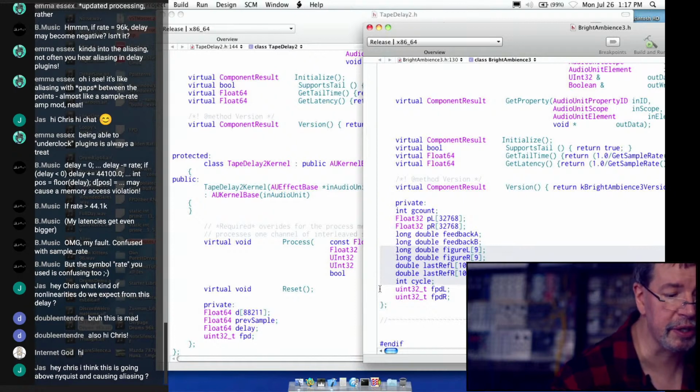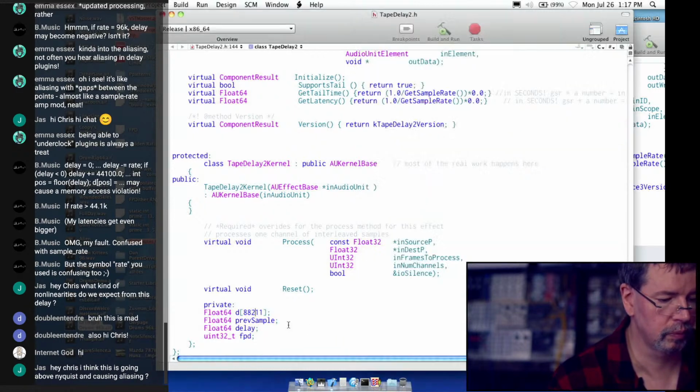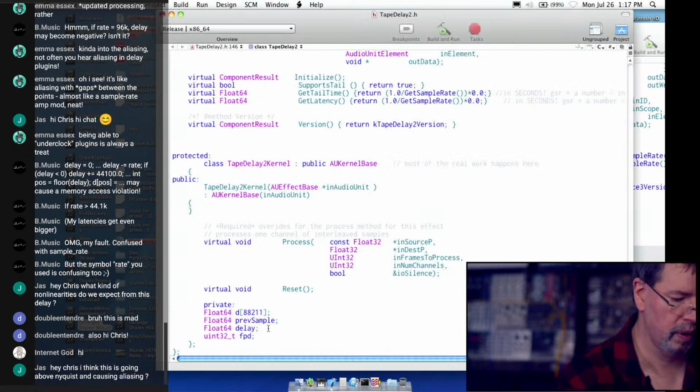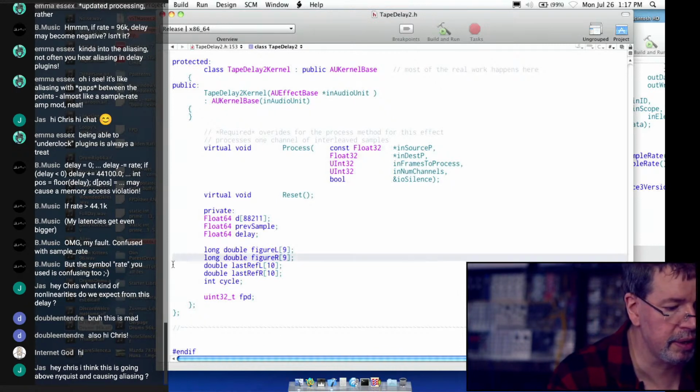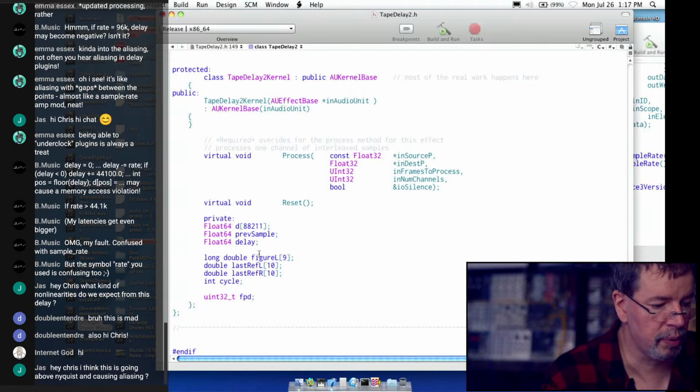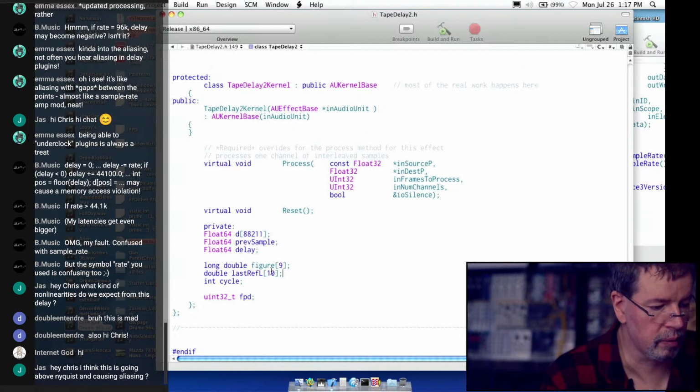Feedback, not so much. So that's the plugin. This is the undersampling and the filter, except for that this is not a stereo plug.